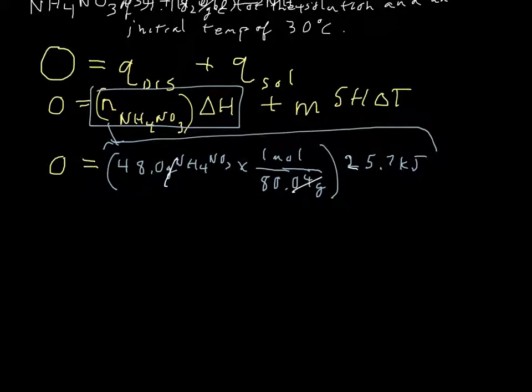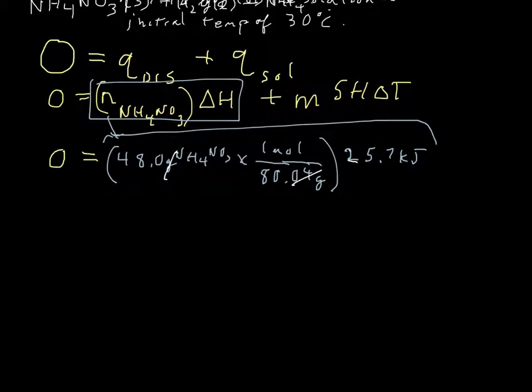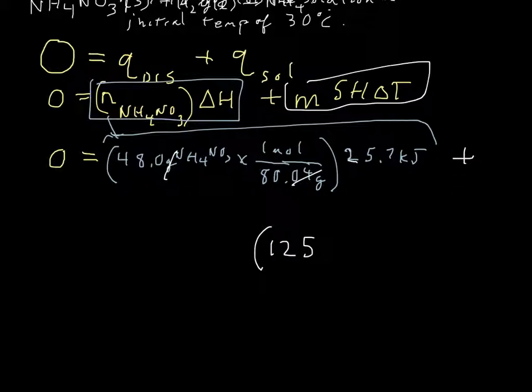Alright, now we have to deal with our second term here. So we add that, and that's our mass. And here's the place where most people get it wrong. We have a mass not only of our solution, right? We have 125 grams of water, but our total mass of solution includes 48 grams of our ammonium nitrate.